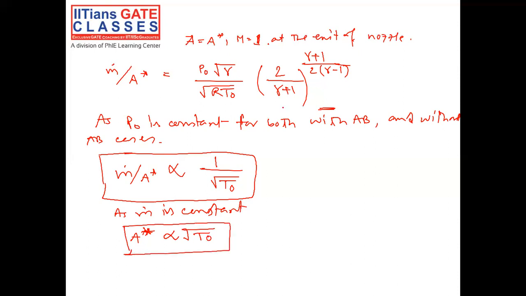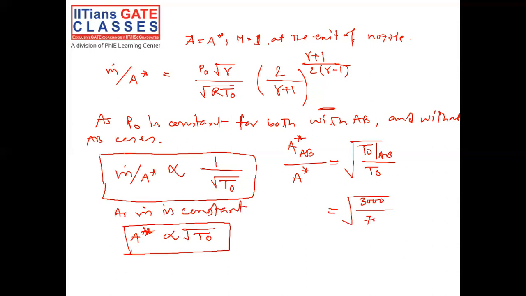So A star with afterburner divided by A star without afterburner is going to be root over T naught with afterburner by T naught without afterburner. So this is nothing but T naught is 3000 and this T naught is 750.